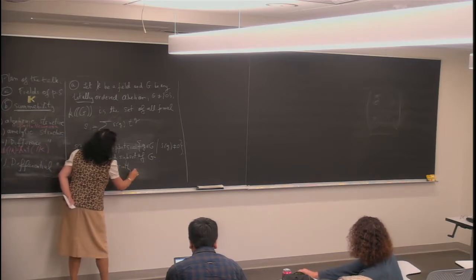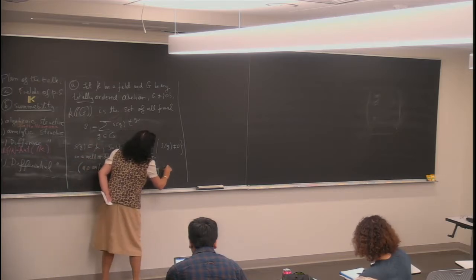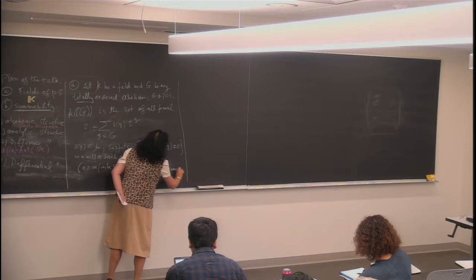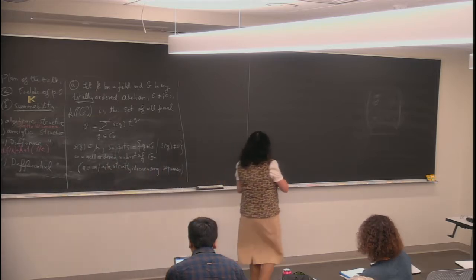Every strictly decreasing sequence is finite, so this is also a definition of well-ordered. But this is a group, so it's kind of like a Laurent series. It's going both directions. Yeah, well, you will see in a moment.